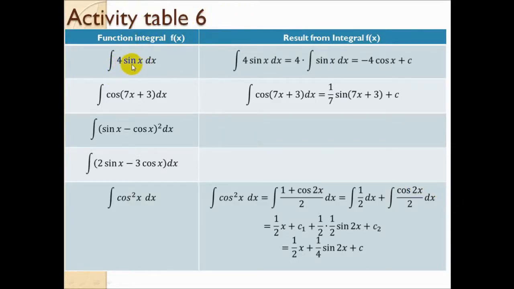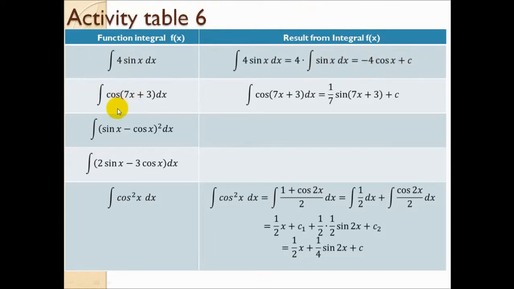If we have 4 sin x dx, we can move the 4 in front of the integral, and what is the integral of sine? Sine gives minus cos x, so we get minus 4 cos x plus c.